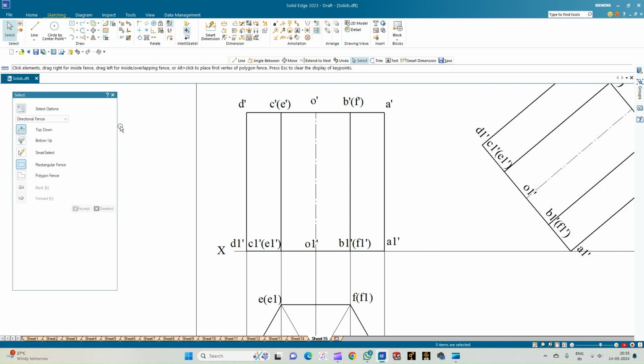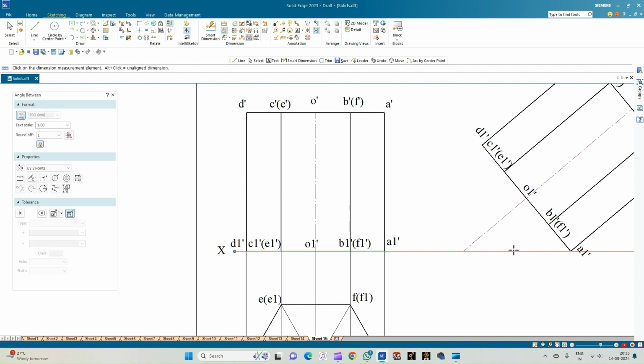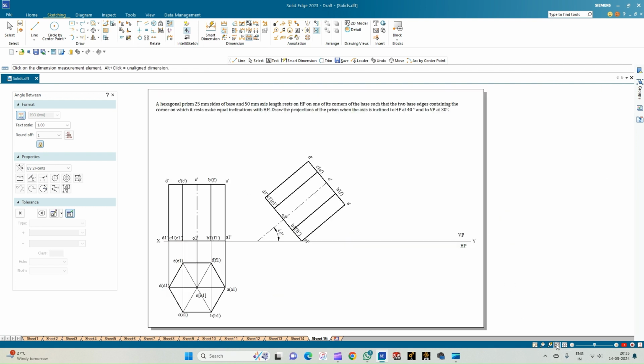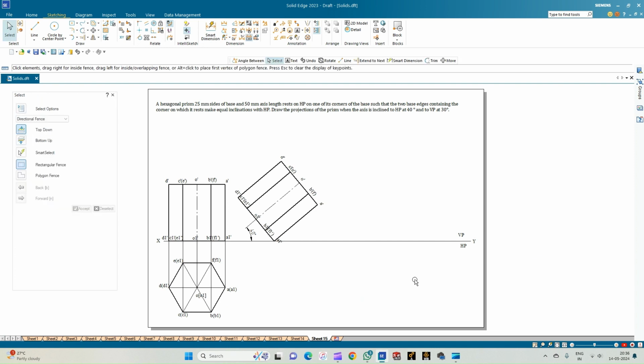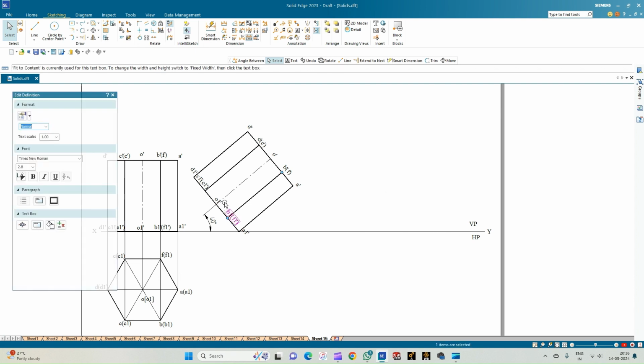So now you can just see that if I use the extend to next option and extend this axis line and then measure the inclination, it is equal to 40 degrees, which is as per the required condition. So this completes the front view of the hexagonal prism with its axis inclined at an angle of 40 degrees with respect to the HP.